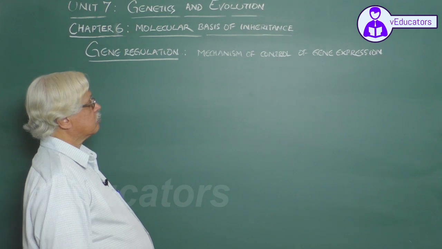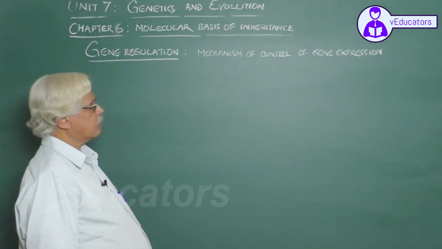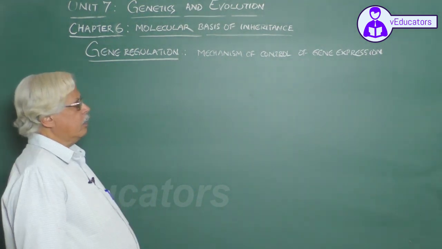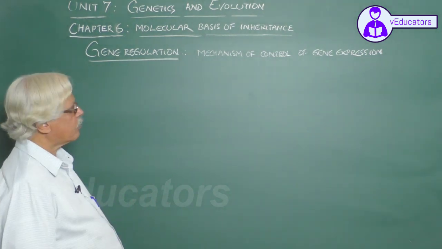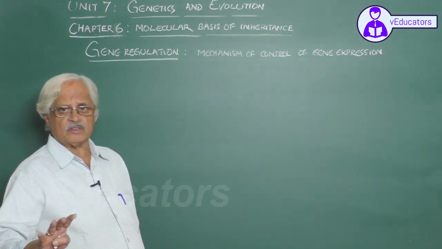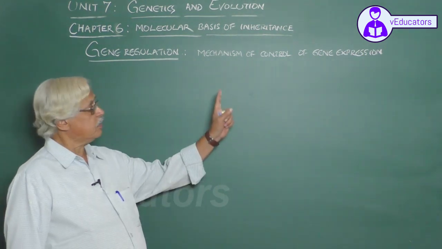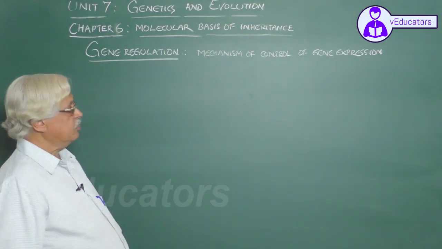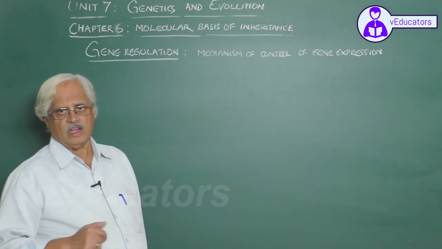In a cell, all the necessary proteins are not synthesized always continuously. They are synthesized only when the cell requires those proteins, and when the cell doesn't require them, those proteins are not synthesized. It means the mechanism of transcription and translation that we have studied in gene expression is controlled in the cell.